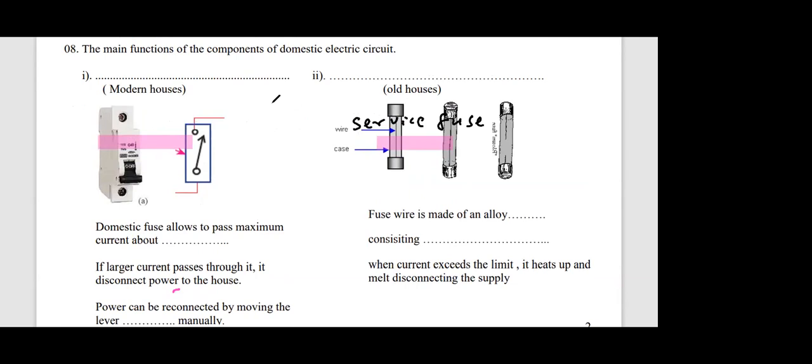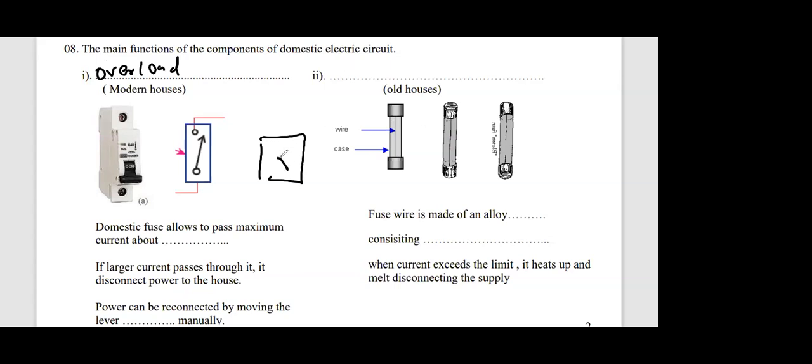I'll repeat it again. If it is an overload circuit breaker and the current exceeds the maximum value permitted, it will automatically get open. Open means what? This is also very important. Most of the switches in your house, when the lever is down, it is on, and when you put it up, it's off.